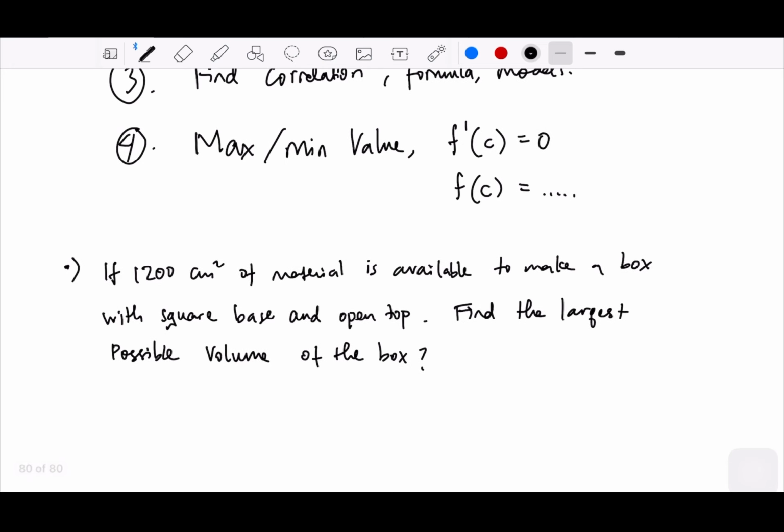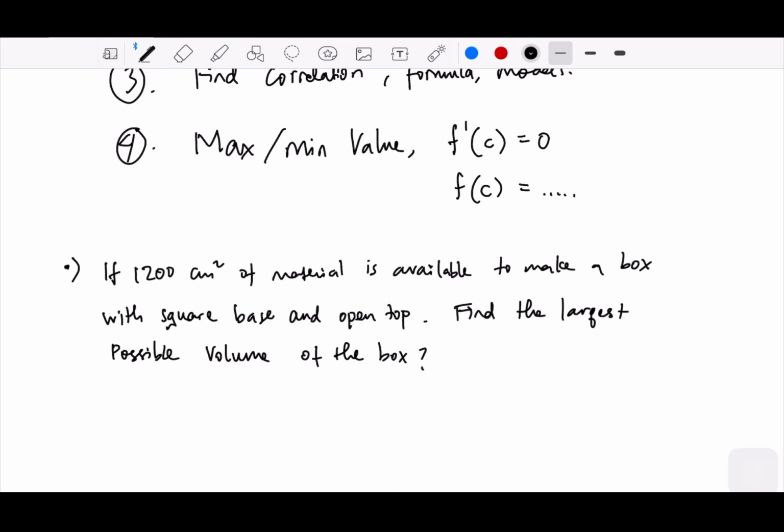Okay, so imagine you are given a card box, and you have the area, and you need to cut and make it into a box, and it should have a square base, meaning having the same length, and then it has an open top.